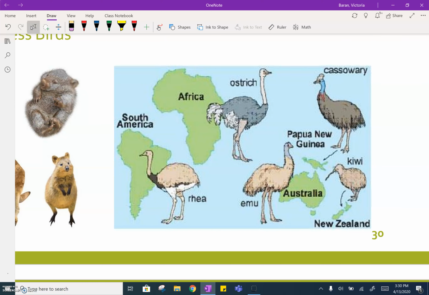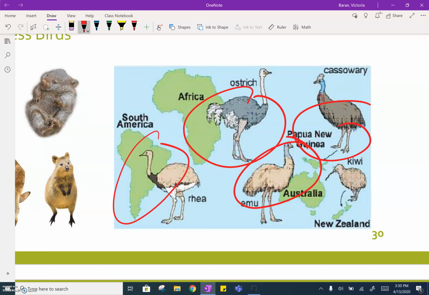However, you can see that they're all very similar in that they're flightless and they have these really long legs. And even though they don't necessarily share a common ancestor, they may have at some point, they have each adapted to the area in which they live, but they each have a very similar trait.